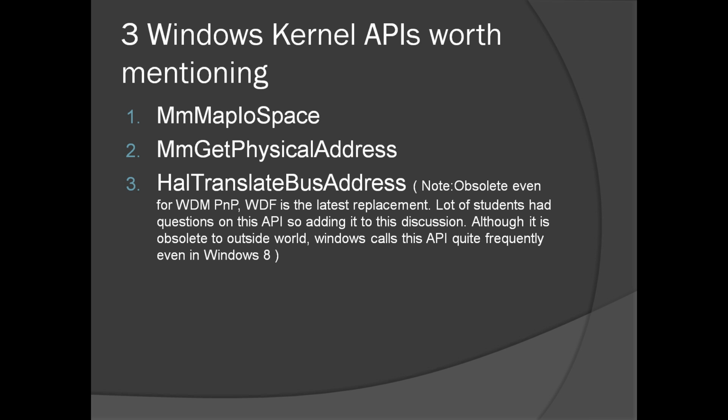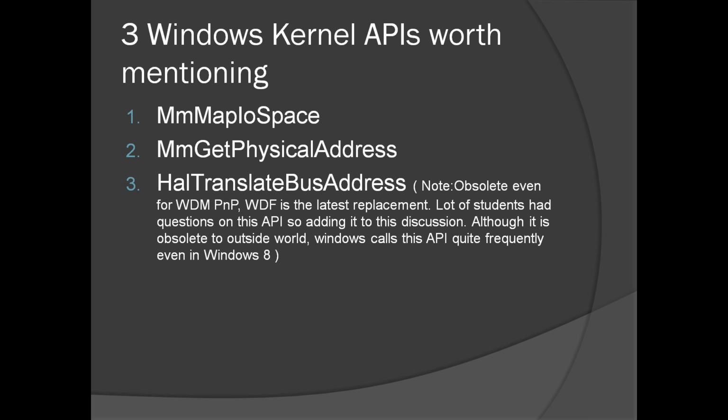So MmMapIoSpace. With MmMapIoSpace, you have a physical address which you want to map to a virtual address. Input is physical address, output is virtual address. MmGetPhysicalAddress is just the opposite of it.